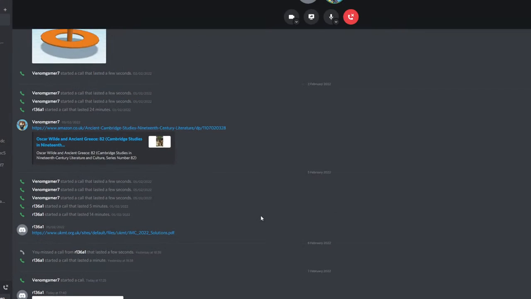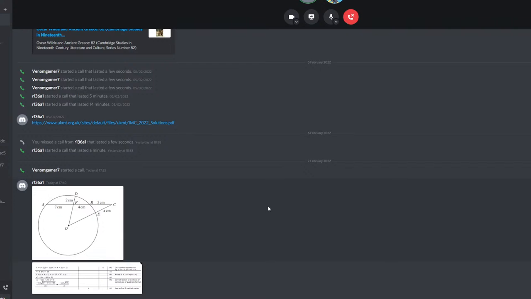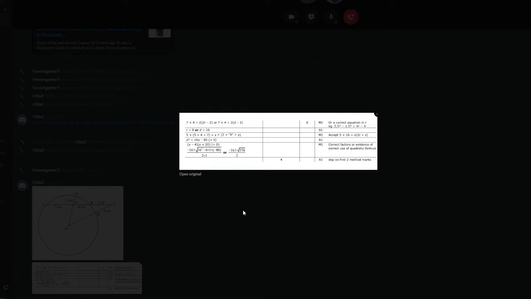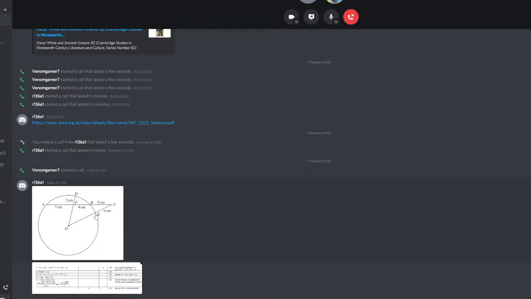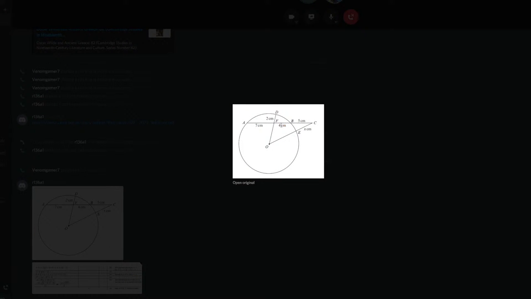It doesn't make sense to me. 7 times 4 equals 2 times the 2r minus 2. How? The diameter minus 2. But what does that tell you? What is 7 times 4?